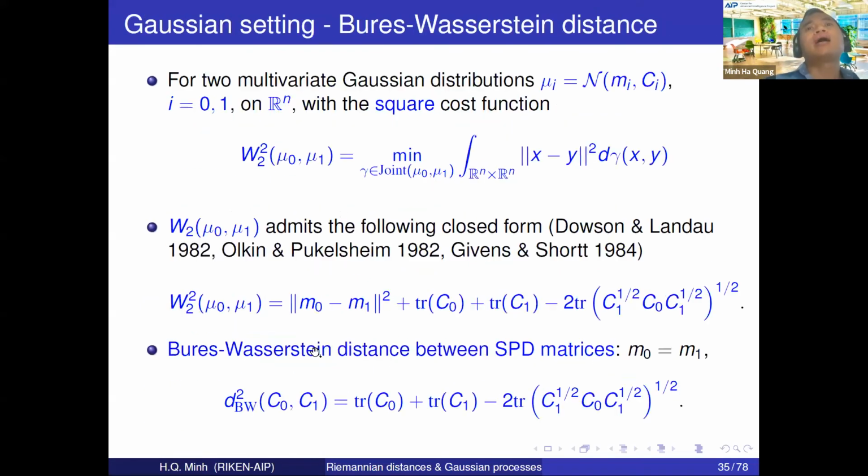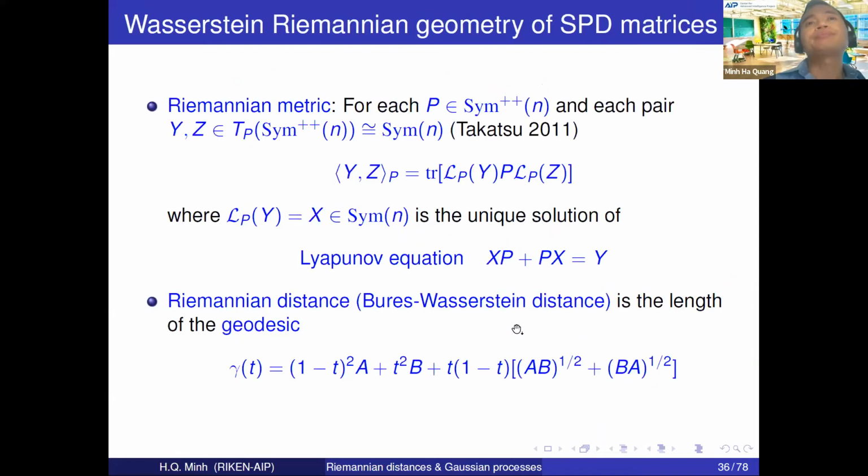But note that this distance here is in the general case, so C0 and C1 can be anything. They do not have to be strictly positive because the trace is always well defined, even if they are singular. This is the difference between the Wasserstein distance compared to the Fisher-Rao distance or the log-det distance and divergences we talked about before. Before, everything had to be strictly positive. Now with this distance, they don't have to be. The matrices can be singular.